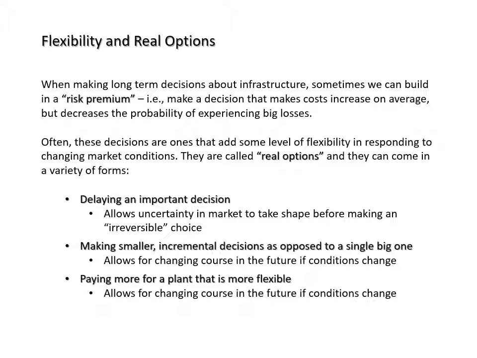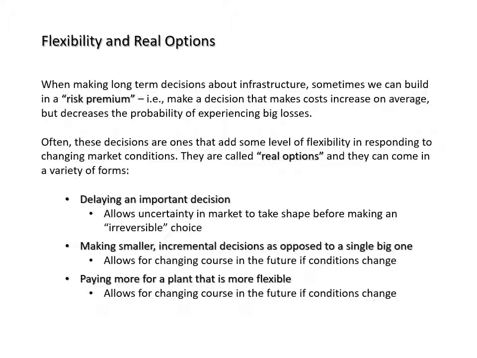Decisions about infrastructure that give us more flexibility in responding to uncertainty in the market. We call these real options, right? These are ways of going about building things, making decisions about infrastructure that give us more flexibility. And the added flexibility gives us an ability to shrink the variance around the expected value.